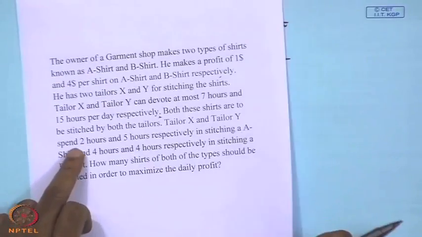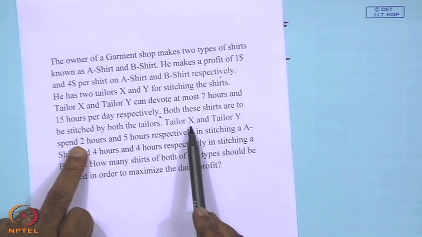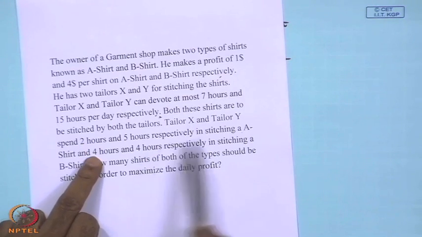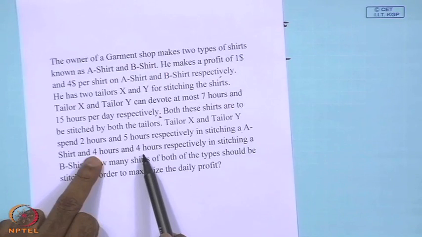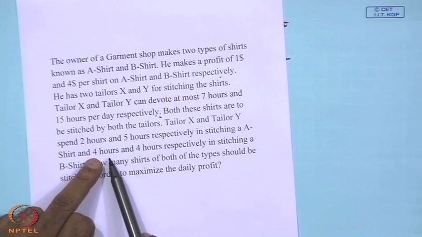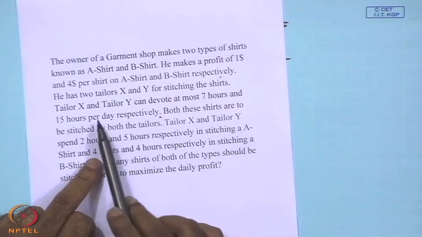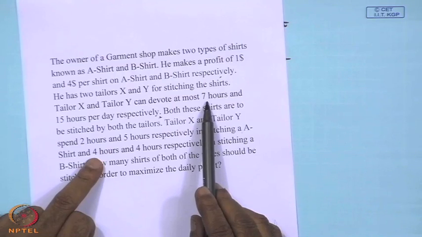Subject to what we are telling: tailor X spends 2 hours and 4 hours of time for shirt A and shirt B respectively. That means he takes 2 hours to stitch a shirt of type A and 4 hours to stitch a shirt of type B, and tailor X can devote at max 7 hours in a day.